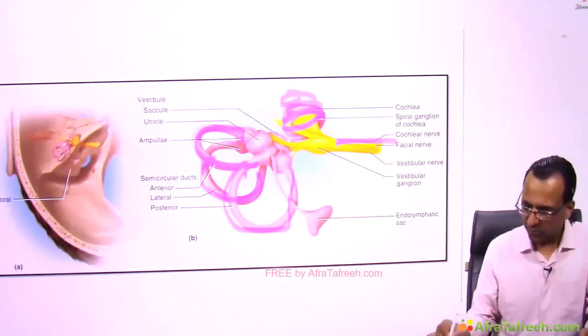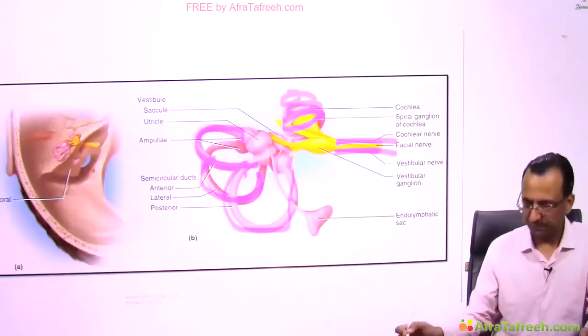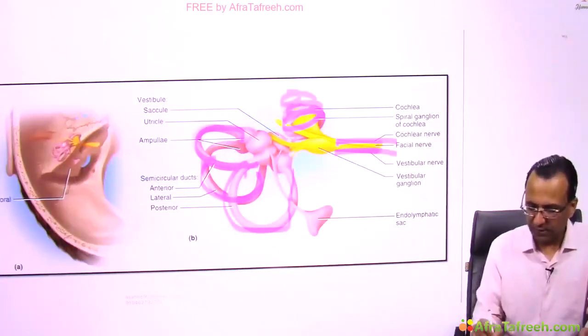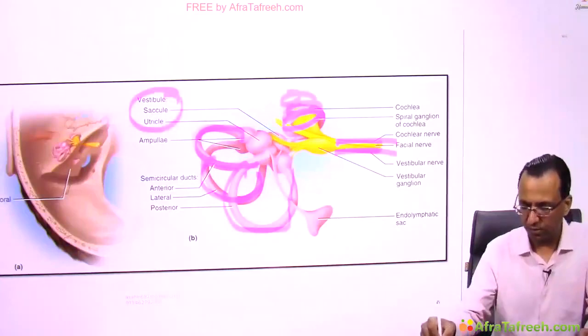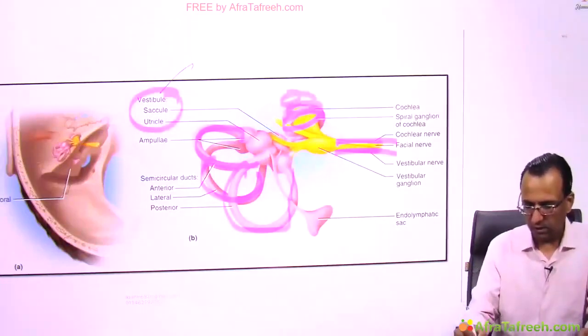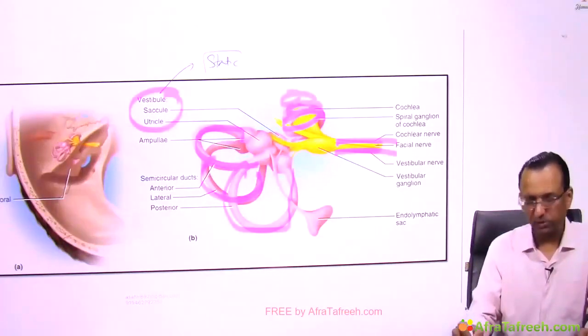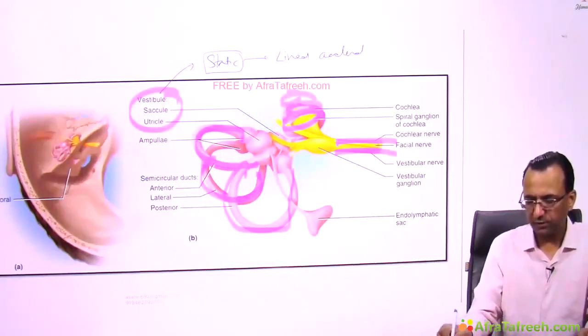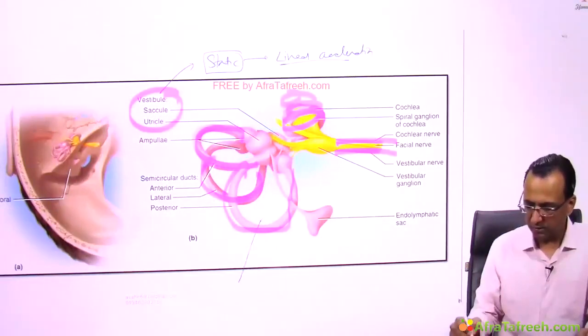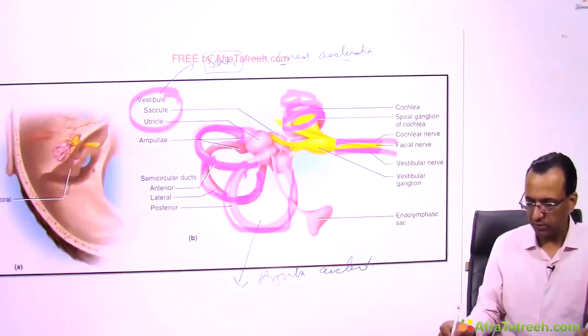And this is the vestibulocochlear nerve. And there's the vestibule, which is utricle saccule, which is for static, when somebody is standing or sitting, or linear acceleration, then they are activated. Yes, linear acceleration. This is angular acceleration, which is for the semicircular canal.